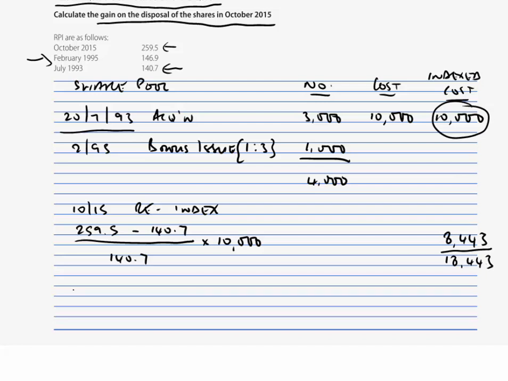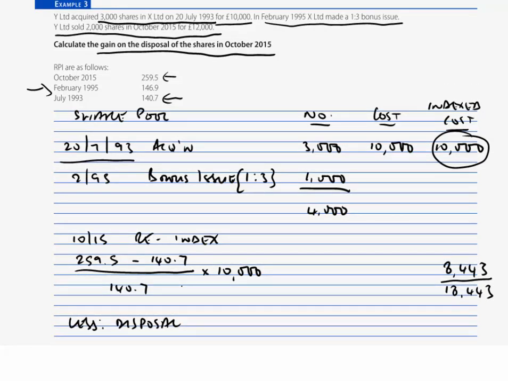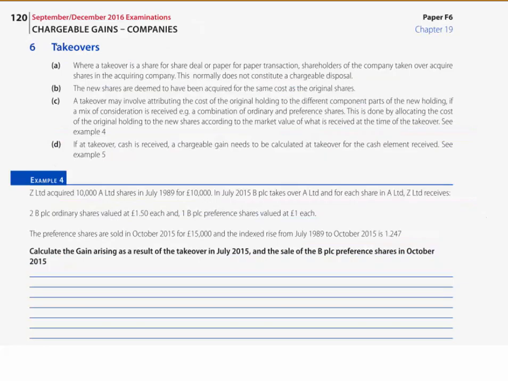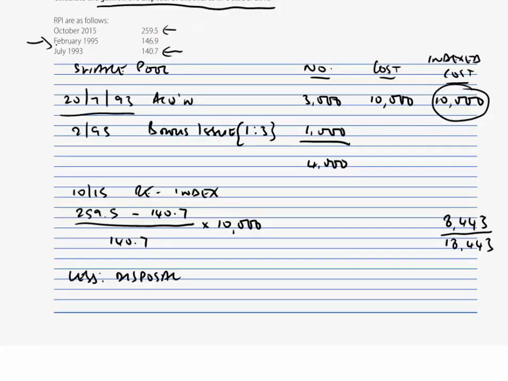Now that we've re-indexed, you can deal with the disposal at this date. How many shares were being sold at this point in time? We're told, let's just go back and see, Y Limited sold 2,000 shares in October 15. So disposal, 2,000 shares.